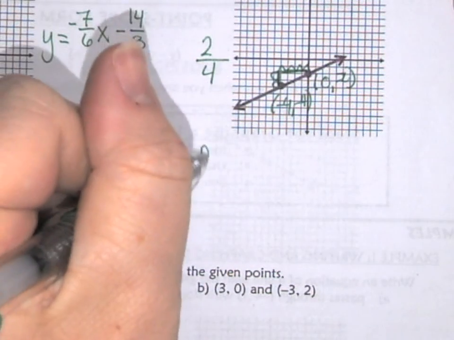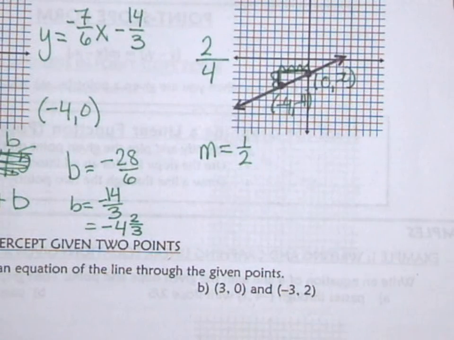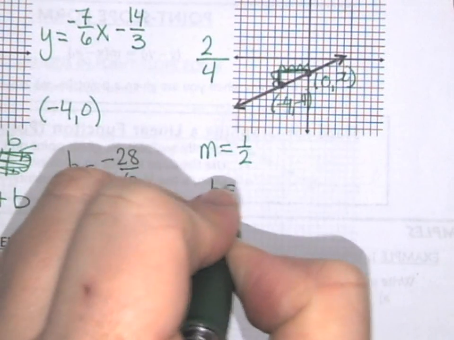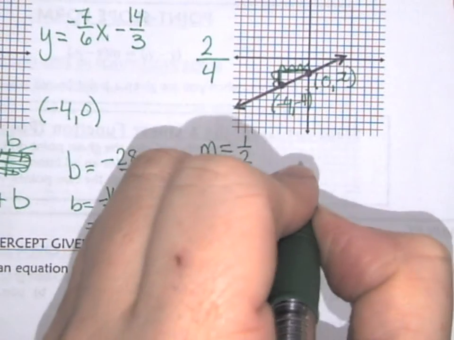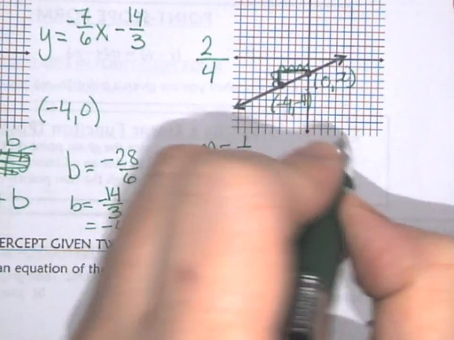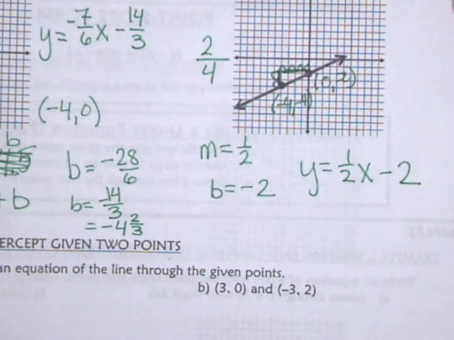So my slope is 1/2. It's going bottom left to top right, so my slope should be positive. My b value is -2. Again, much easier when your intercept is an integer. So then y is equal to 1/2 x minus 2.